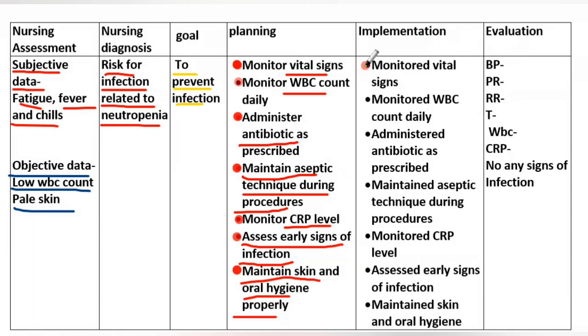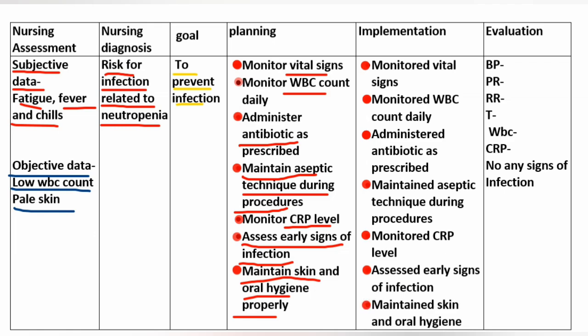Implementation: monitored vital signs, monitored WBC count daily, administered antibiotics as prescribed, maintained aseptic techniques during procedures, monitored CRP level, assessed the early signs of infection, maintained skin and oral hygiene.